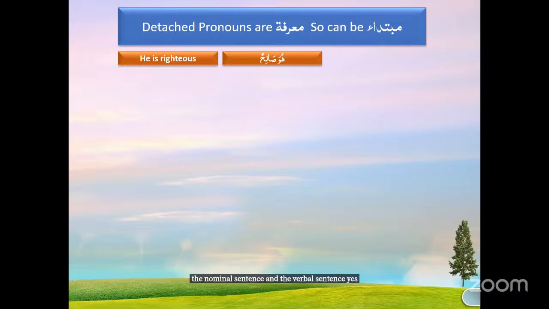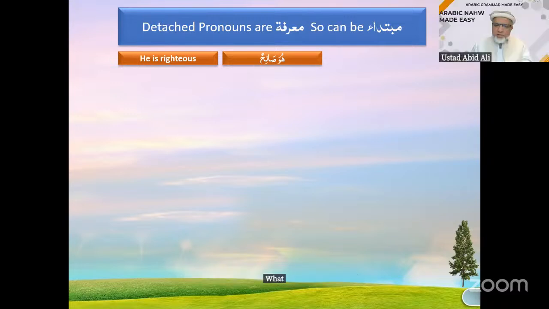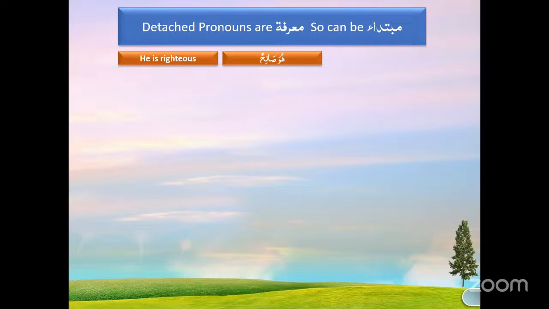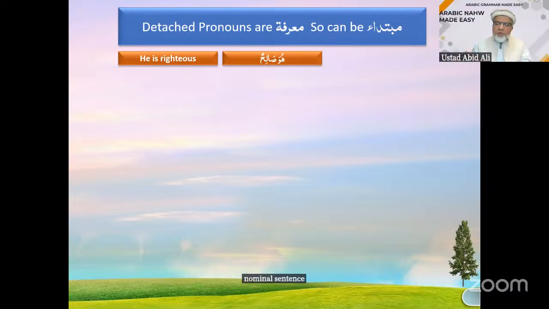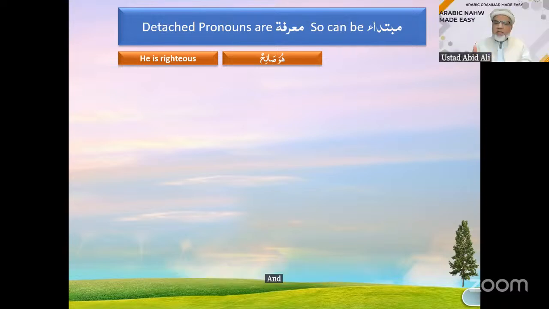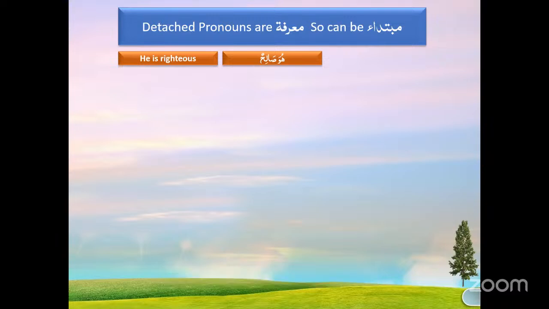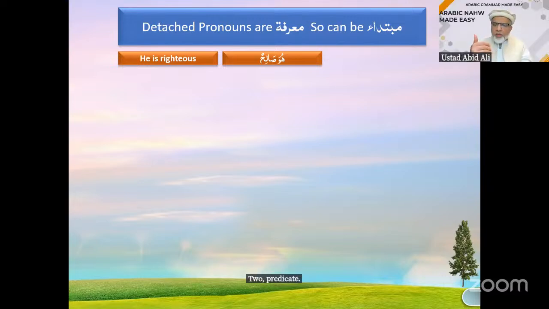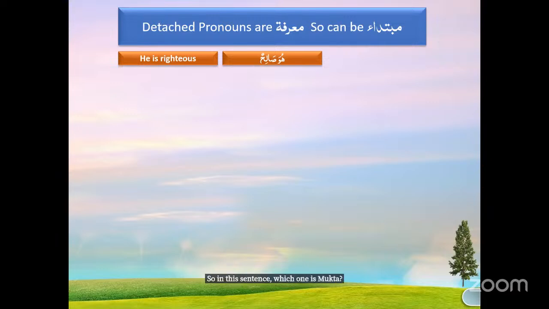What are we learning in this class? The nominal sentence. So is huwa salihun a nominal sentence? Yes. And how many parts is a nominal sentence supposed to have? Two: Mubtada and khabar. In huwa salihun, huwa is the mubtada and salihun is the khabar.